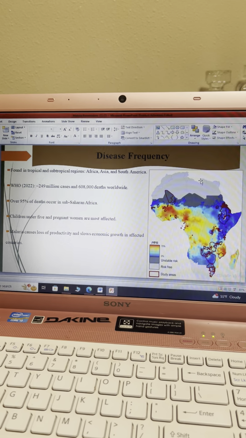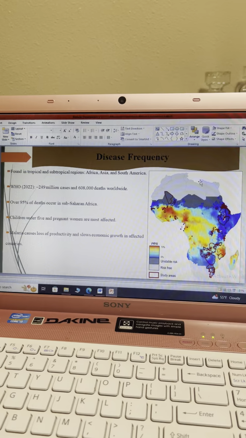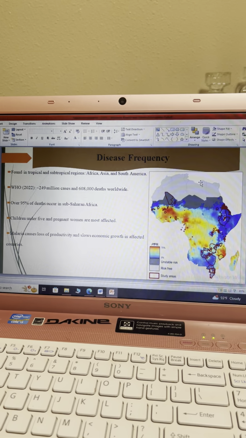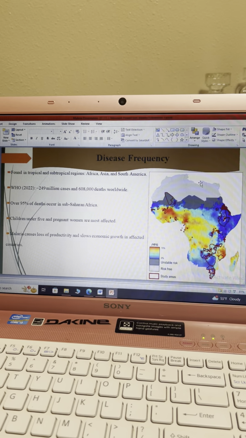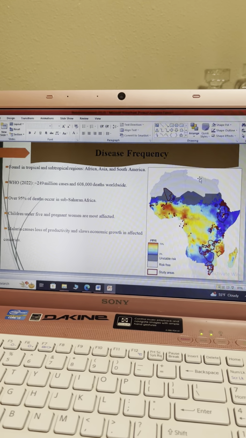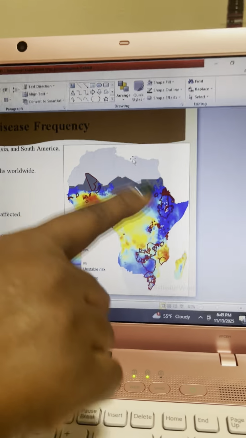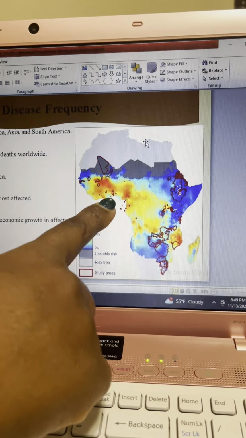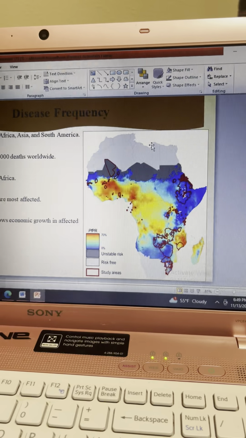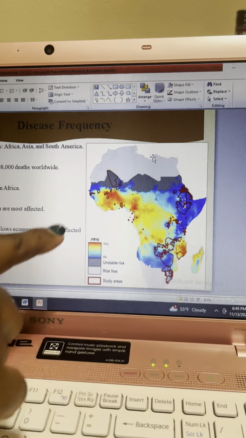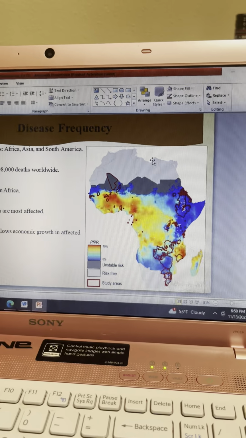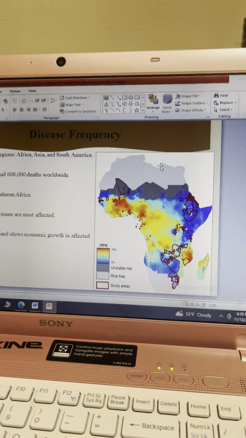The most affected are children under 5 and pregnant women. Malaria causes loss of productivity and slows economic growth in affected countries. On my right, I have a picture showing the areas most affected by malaria, and the orange colored regions have 70% of the disease.